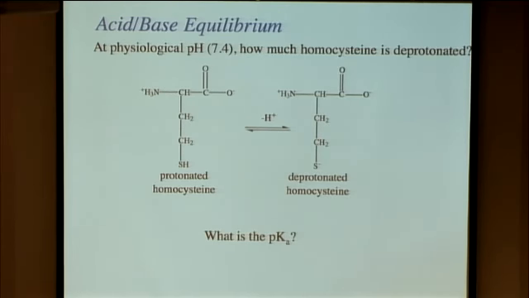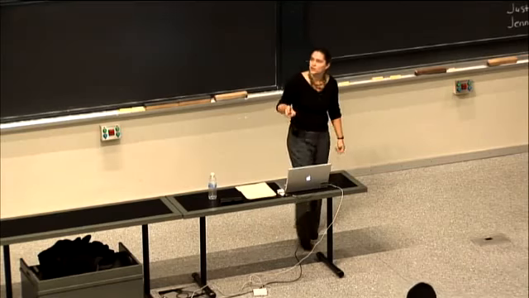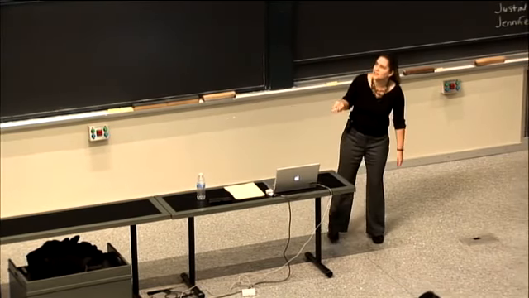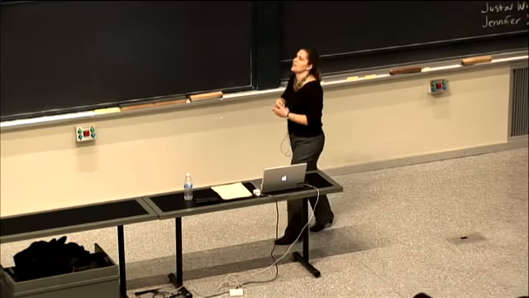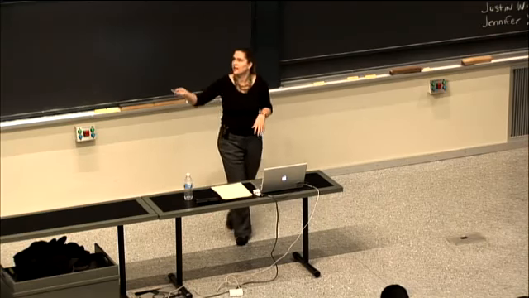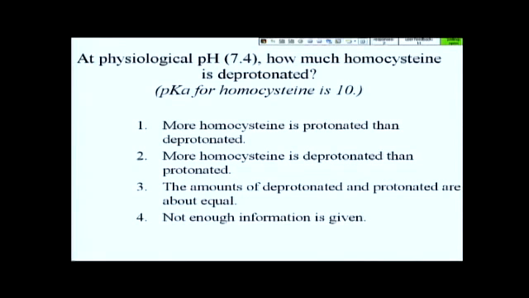That's what you need to know to figure out how much would be in the protonated state and how much in the deprotonated state. So here, the pKa is 10. Now, without doing any calculations, I want you to tell me what you expect about how much is protonated and how much is deprotonated at physiological pH if the pKa is 10.